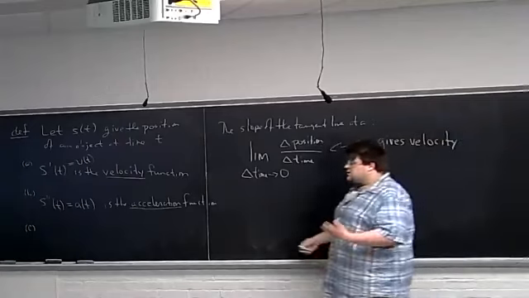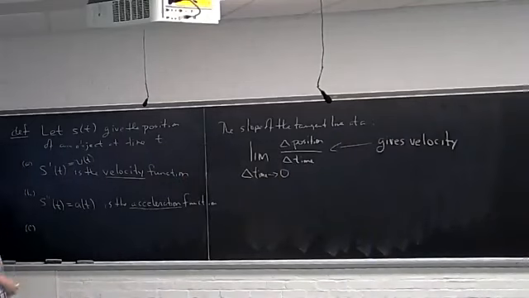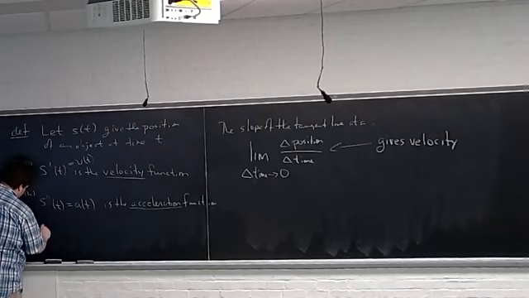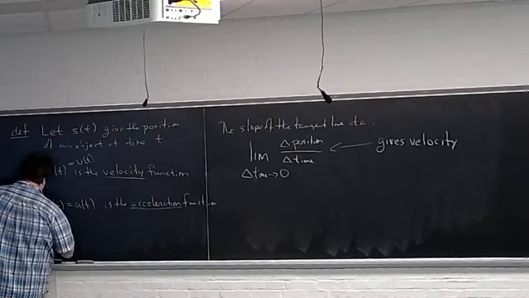But sometimes it's nice to not take that direction into account. If you're walking forward at 50 miles per hour versus walking backwards at 50 miles per hour, it may be useful, and it will be useful a couple of times, to treat them the same for interpretation. And we call that the speed. So I'll just say absolute value of our velocity function.